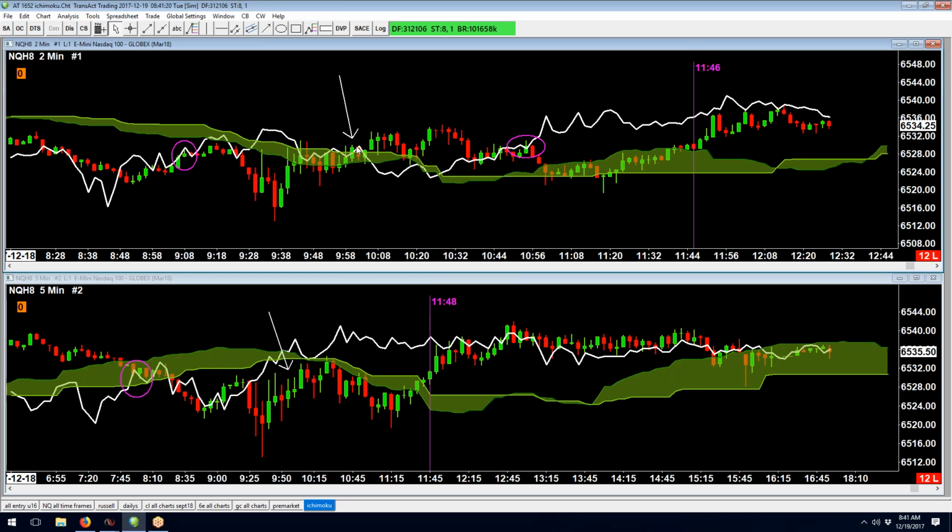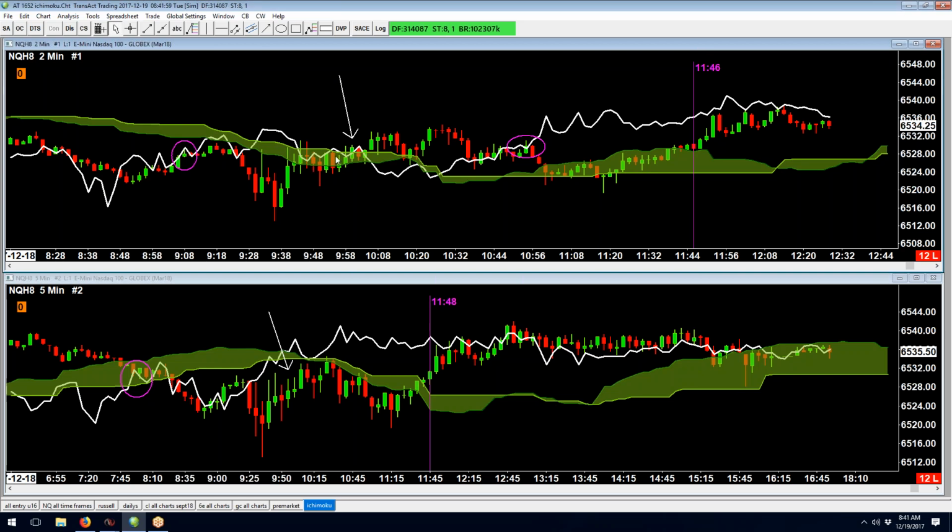So right here where you see price coming out of the cloud here and here and here, if you look back at that time, this is where the Chikou line was forming. If you attended last week's webinar, I mentioned that if the Chikou line is under the cloud and you're trying to take a buy with price coming outside the top side of the cloud, what can happen is the Chikou line can come up, hit the cloud on the bottom end or the top end, or just get stuck in the middle of the cloud and then pull back off of that.